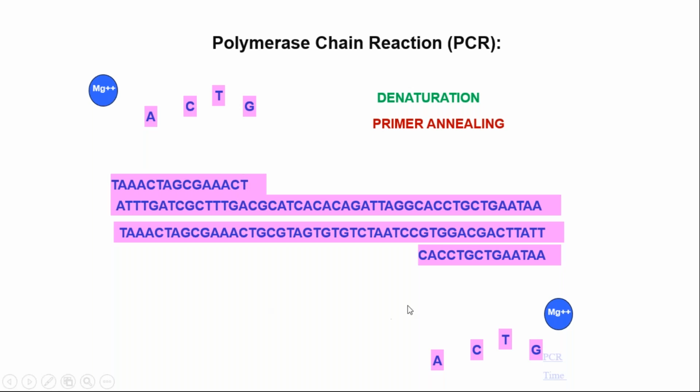So this reaction is almost like building a house. And here the DNA, the double-stranded DNA, is like the foundation of the house. And the primers that you are adding are the stones that you have put to keep the foundation intact.